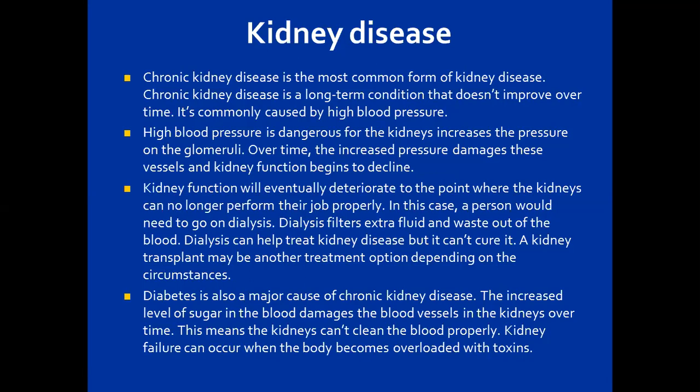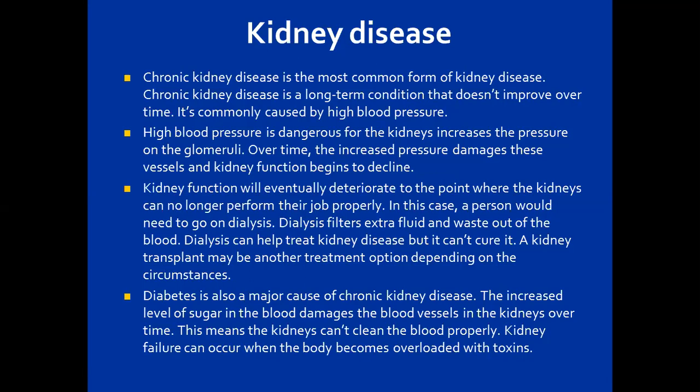And this is a huge issue in South Africa, because there are a myriad of people who suffer from diabetes, especially diabetes type 2. And so diabetes is also a major cause of chronic kidney disease.